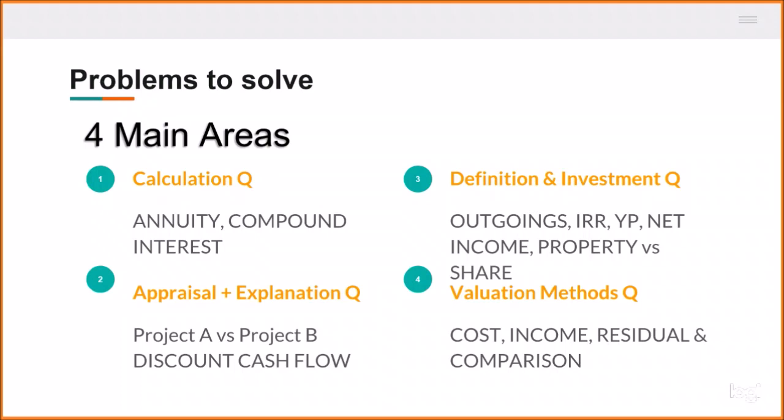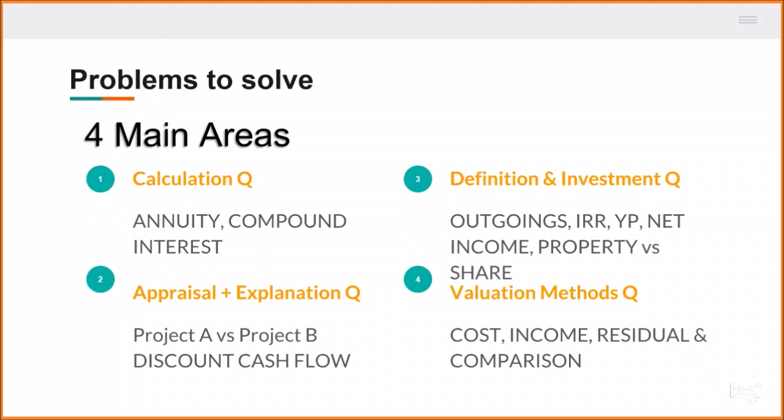The last is part 4, which is the valuation methods. Being a paper on valuation, it has a component on valuation methods, which we just touch and go. A few methods would be touched on, and maybe out of 8 questions to choose from, probably 2 will be on valuation methods.